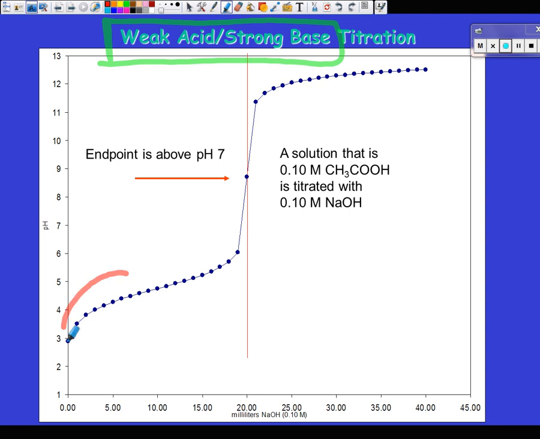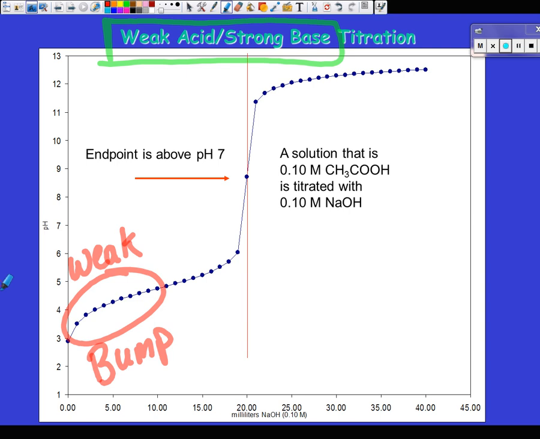Circle this right here. This is what I call, and again, it's kind of weird, it's called a weak bump. And you'll see the difference in just a second. So the way you can determine if the original solution was weak is it has a bump in it. And what that means is as soon as that strong thing sucked it in the face, was it affected?